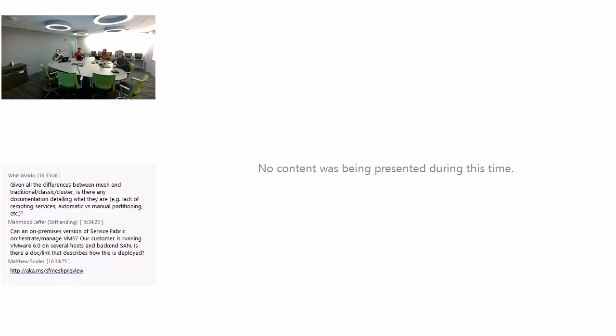Next question. Given all the differences between mesh and traditional classic cluster, is there any documentation detailing what they are? I think there is stuff in the docs, but one thing we want people to understand is that there's not really intended to be any major differences between the environments. All of the features overlap. What mesh really is, is the serverless environment.